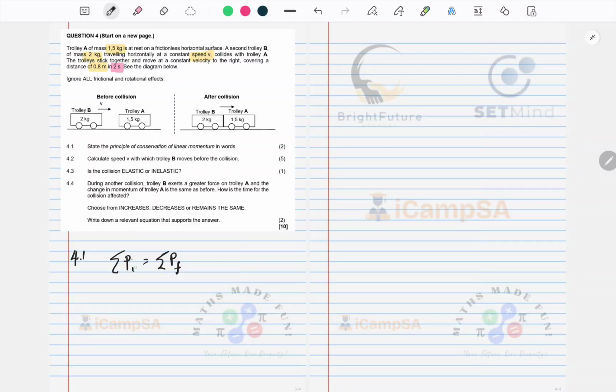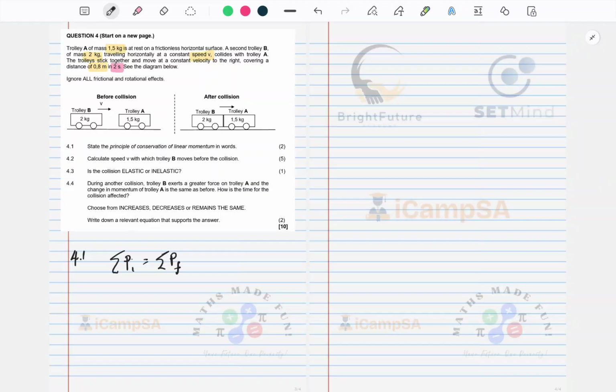The total initial momentum, this is a summation, so every momentum before collision that we add should be equal to every momentum after that collision. So in words it means the total linear momentum in an isolated system remains constant.